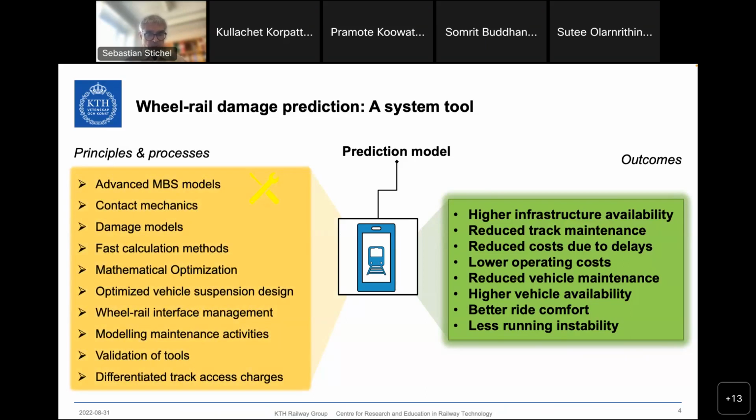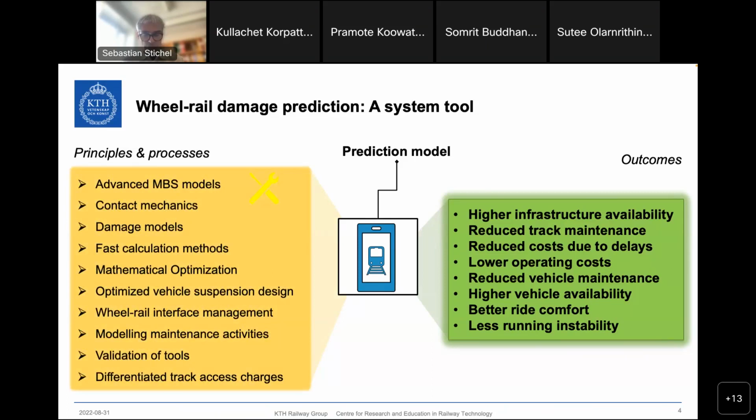worked on for many years now at our university. There are a lot of parts that are needed for such a prediction tool. You need advanced, quite accurate multi-body simulation models. You need to deal very detailed with contact mechanics. You need to have the damage models.